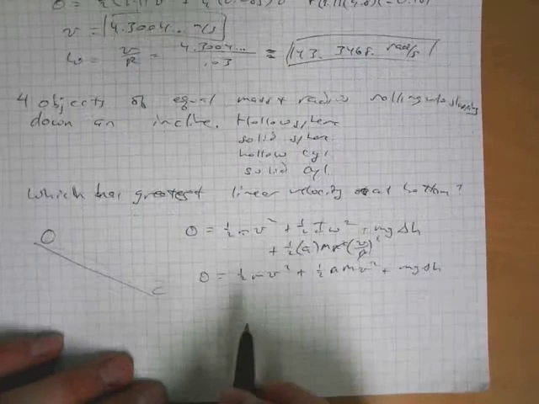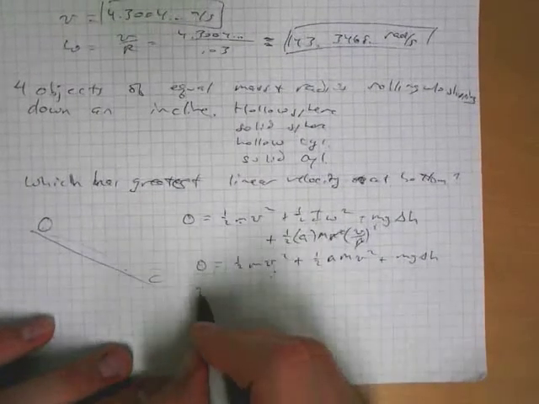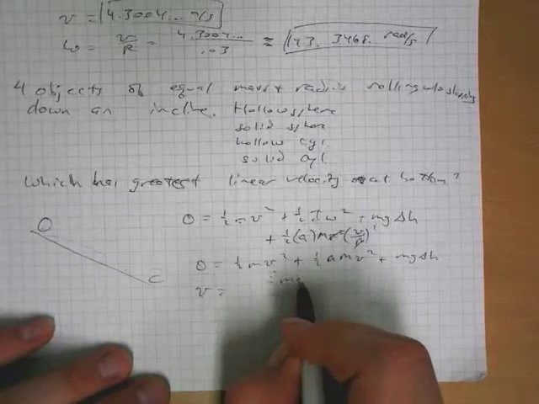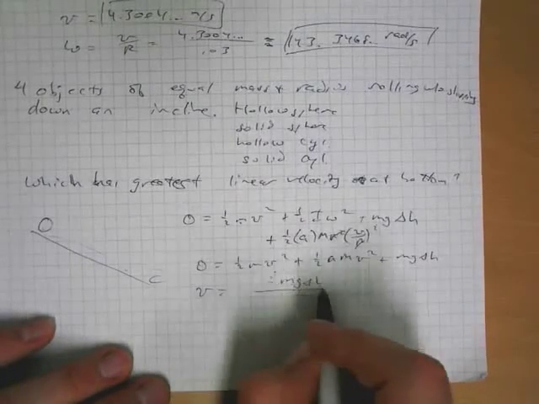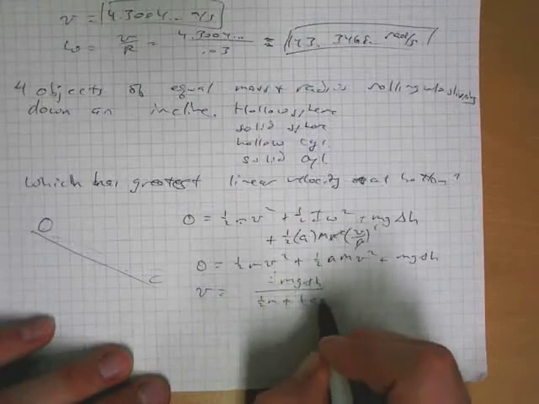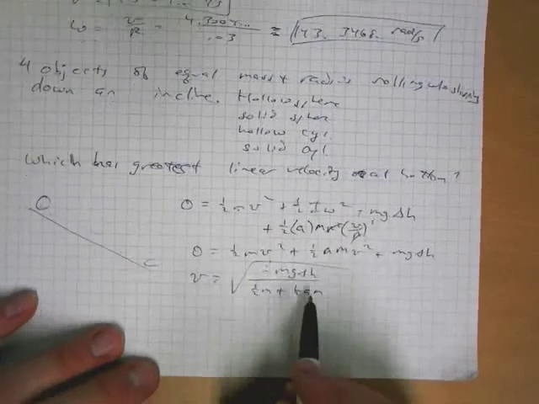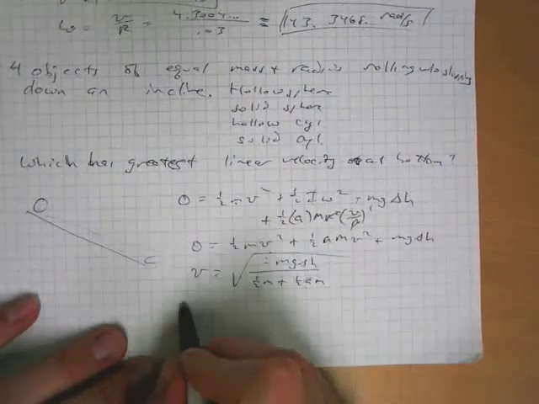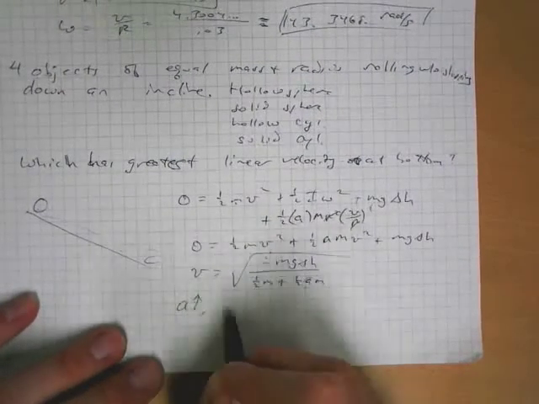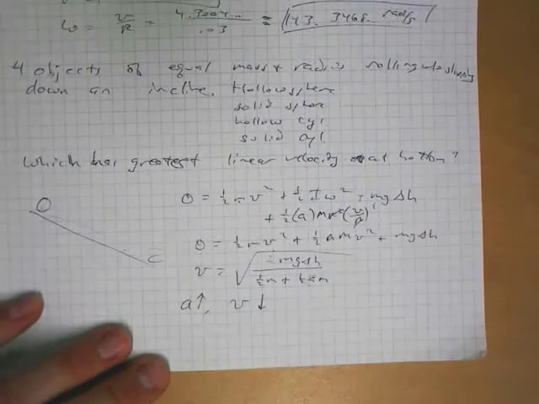Which has the greatest linear velocity at the bottom? So we want to solve for v. So v is the square root of minus mg delta h over 1/2 m plus 1/2 a m, whatever that ratio is. So we can see that as a increases, the velocity will decrease, because as a is larger, the denominator is larger.